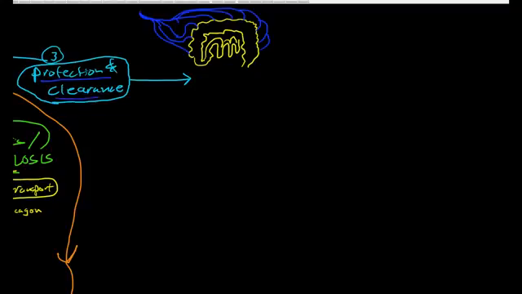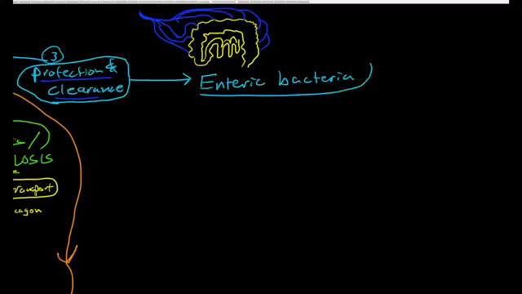So here, the first thing is the protection from enteric bacteria. And how does it do this? Well, the portal vein drains through what are called sinusoids, and I'll talk about this when I get into talking about the lobules of the liver.